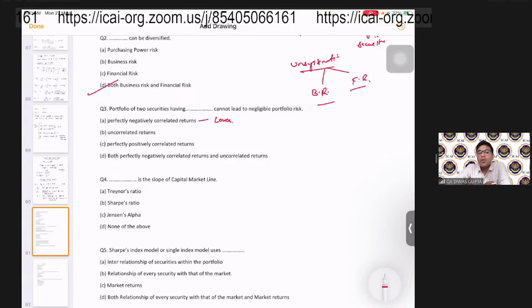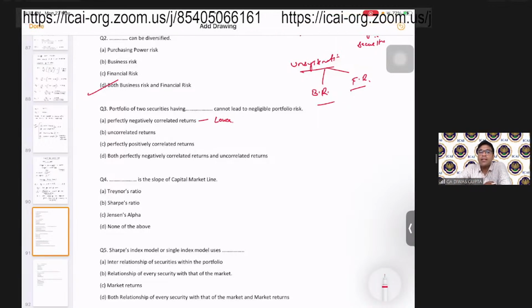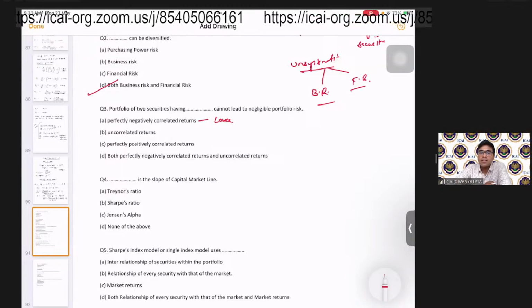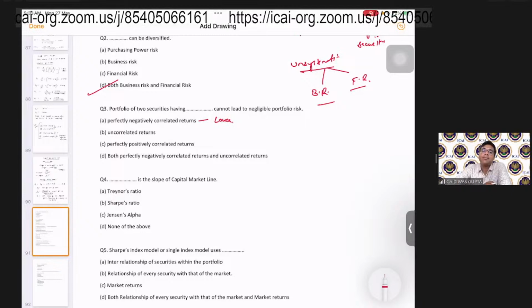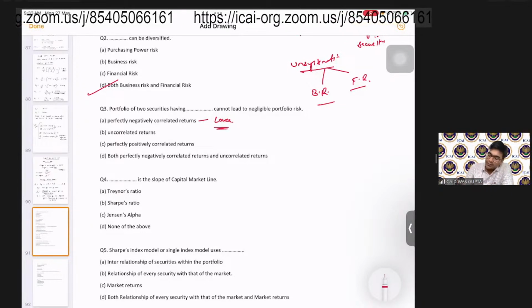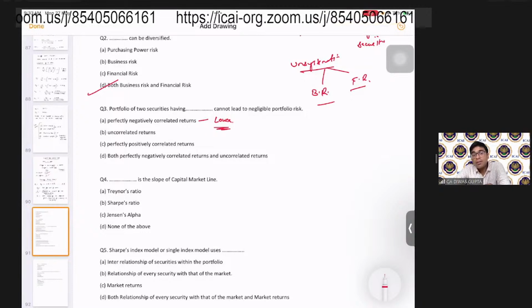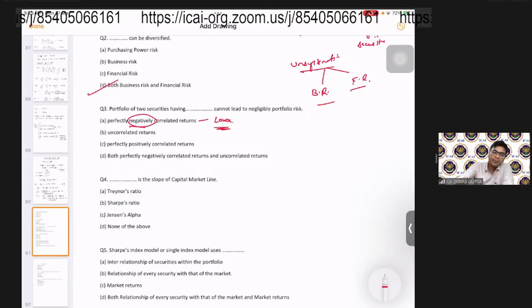If both securities are perfectly negatively correlated, then the portfolio risk will be lower.